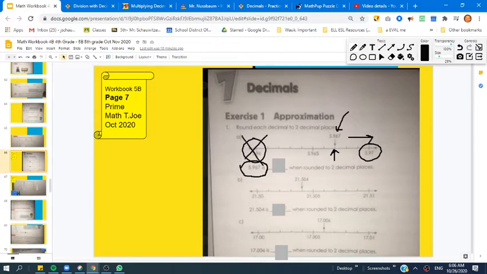So our answer is going to be 5 and 97 hundredths. So that first answer right there is going to be equal to approximately 5 and 97 hundredths. I'd like you to try letters B and C on your own. So, is this number right here closer to the first number or the second number?